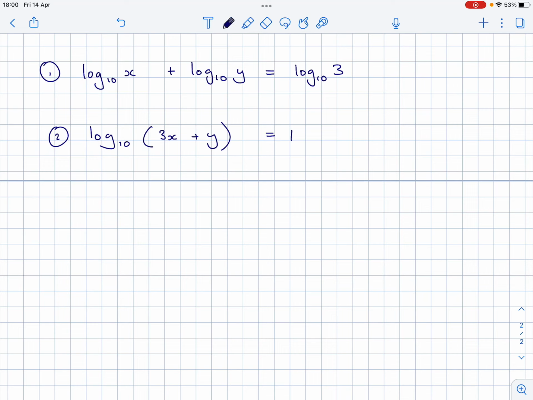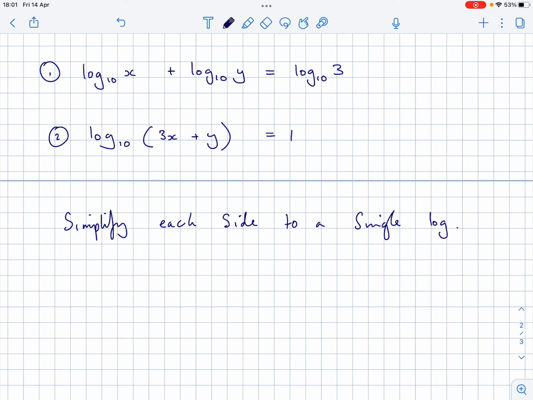So that's the process we want to follow with any kind of log equation: first try and simplify each side to a single logarithm.